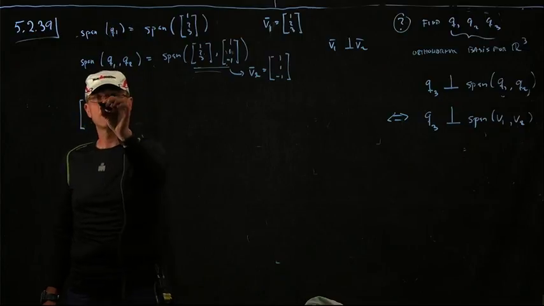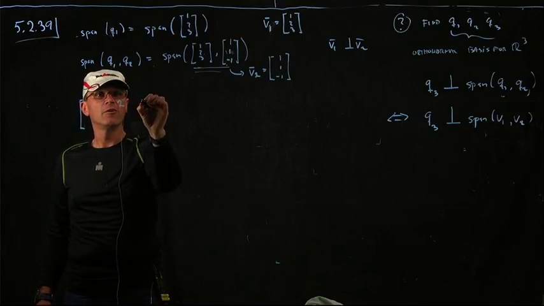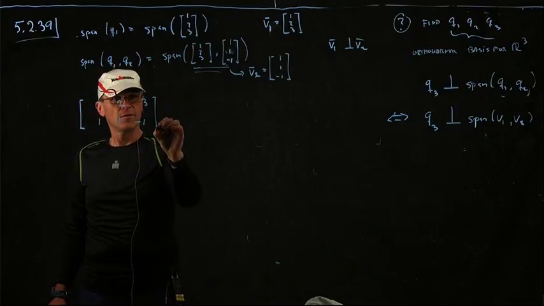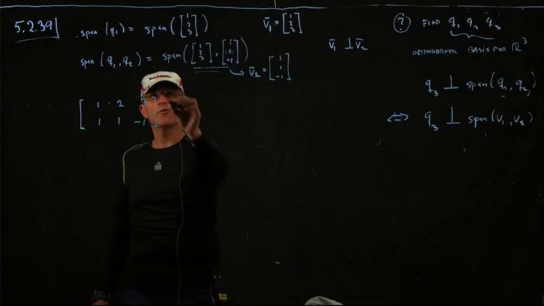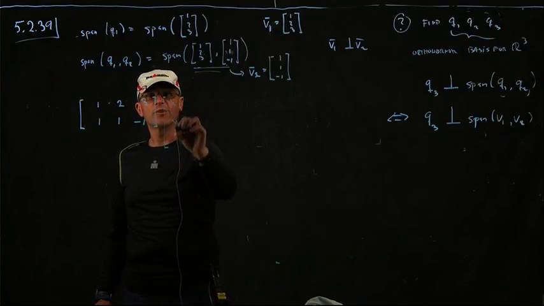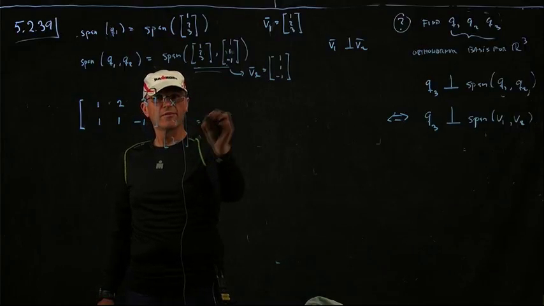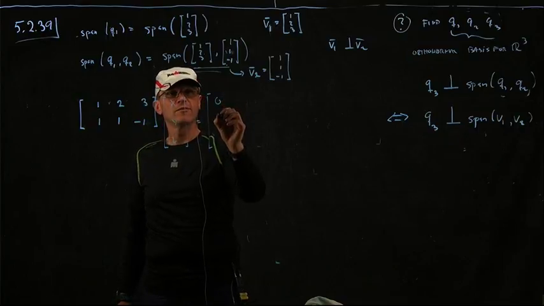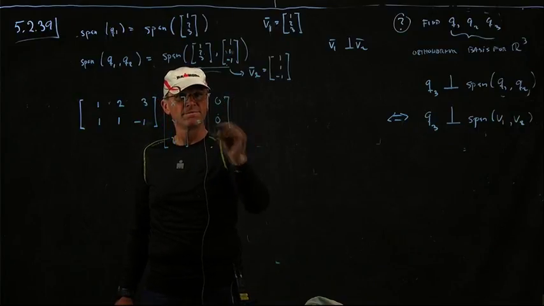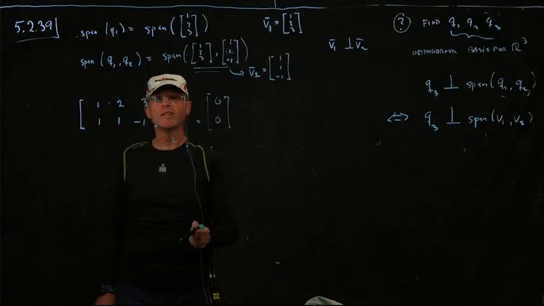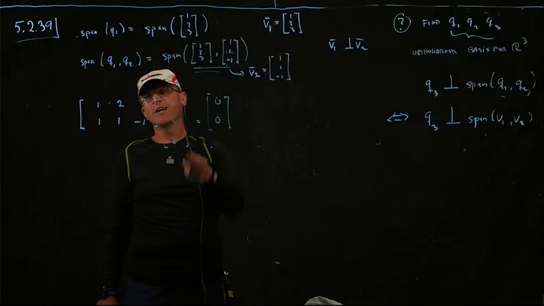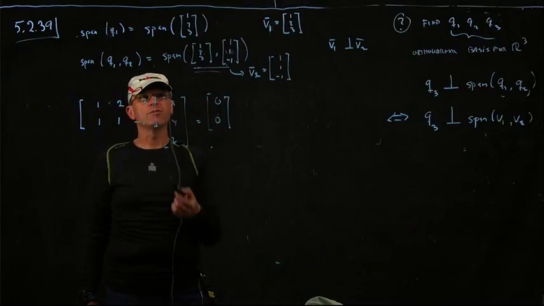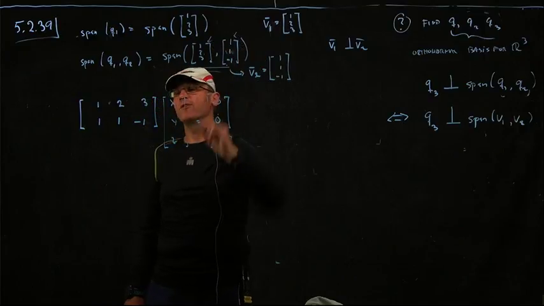We can set up a matrix where those vectors are rows, and we're looking for another vector x, y, z, where we just get the zero vector over here, 0, 0. Because if we can solve this problem, the dot product of that x, y, z vector with each one of the rows is 0, so it's orthogonal with respect to V1 and V2.